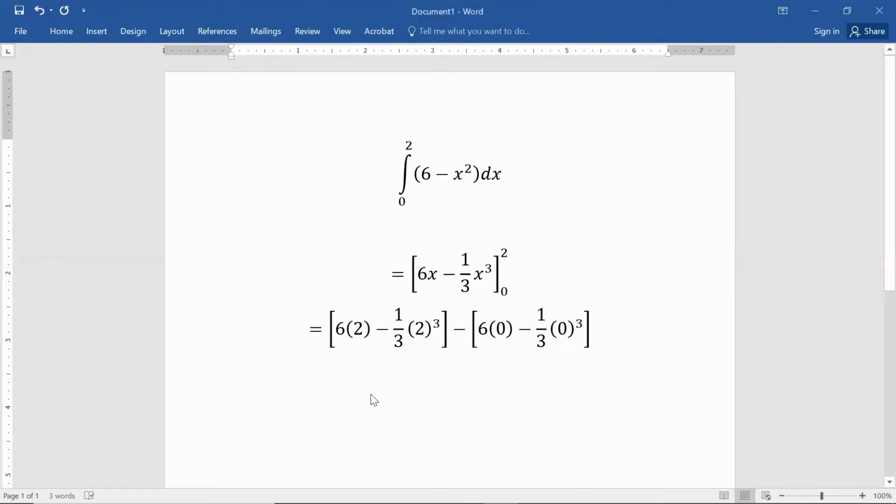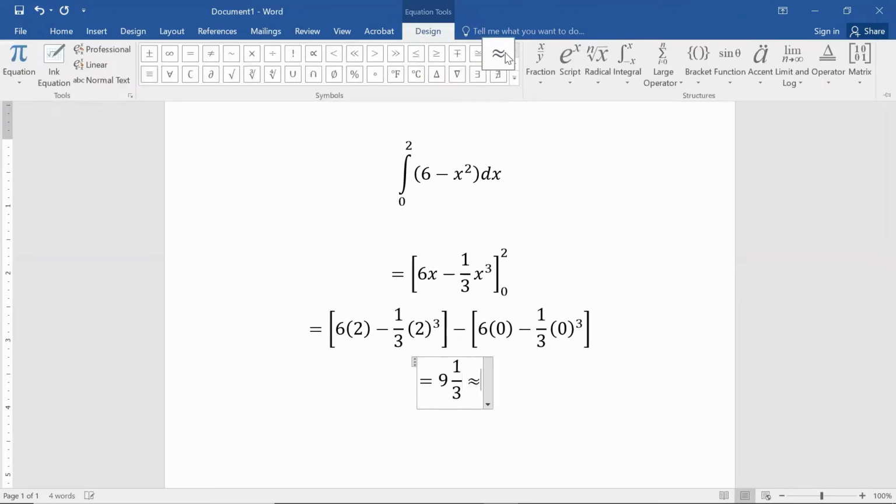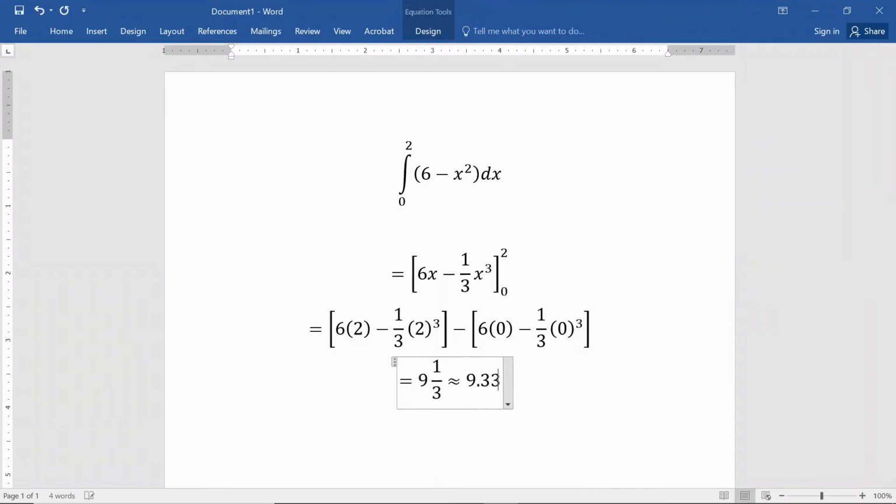When I calculated that, I ended up getting a final answer of 9 1/3, which is approximately 9.33. You'll usually in Moodle have to round your answer to a couple of decimal places, so 9.33 would be appropriate. If it asks you for the mixed number, obviously write 9 1/3.